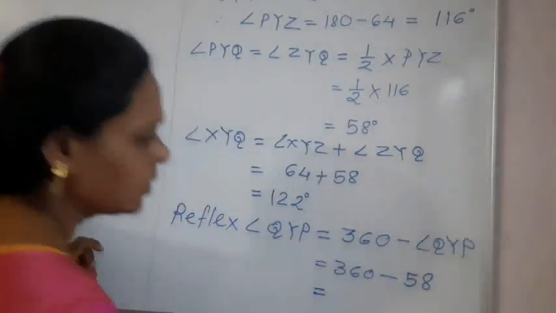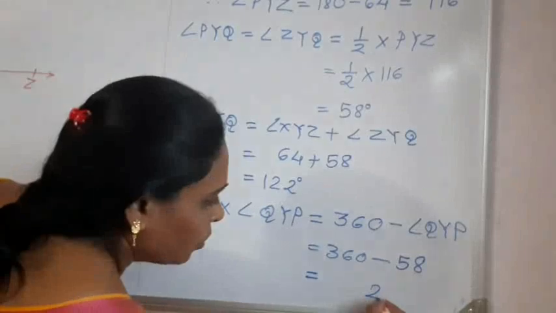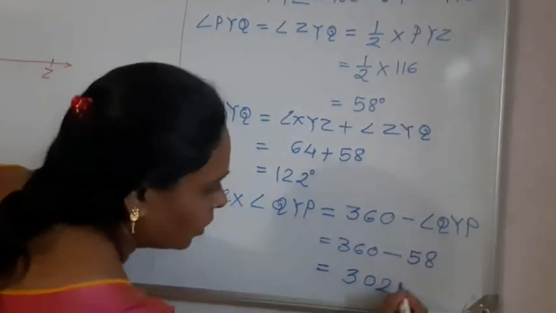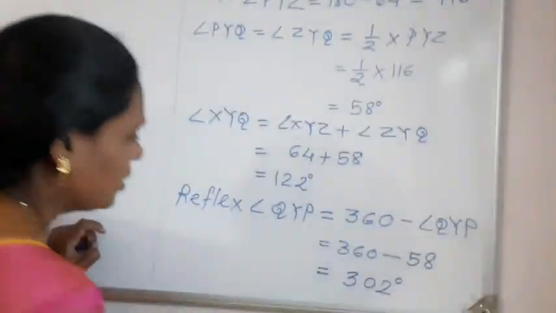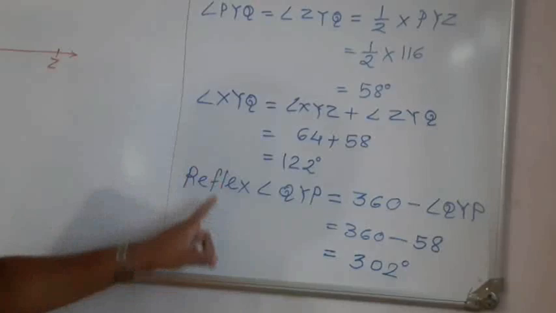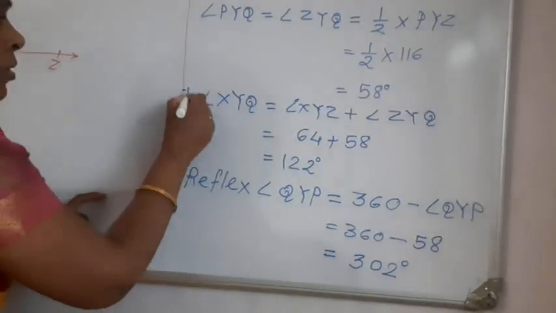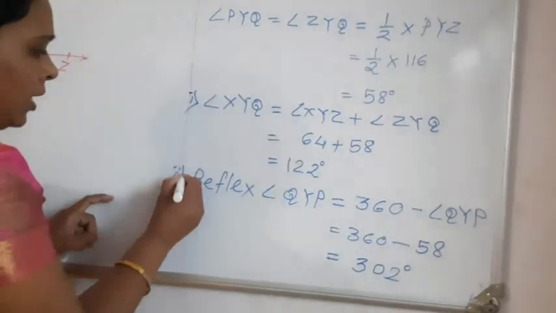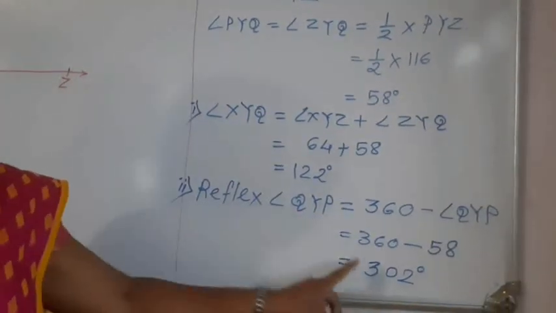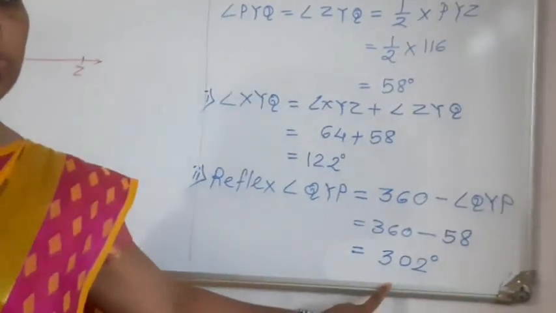Now subtract this, it is 302. That is the value of the reflex angle of QYP. You get both the things. It is the first required value, angle XYQ is 122, and the second required value, the reflex angle of QYP is equal to 302.